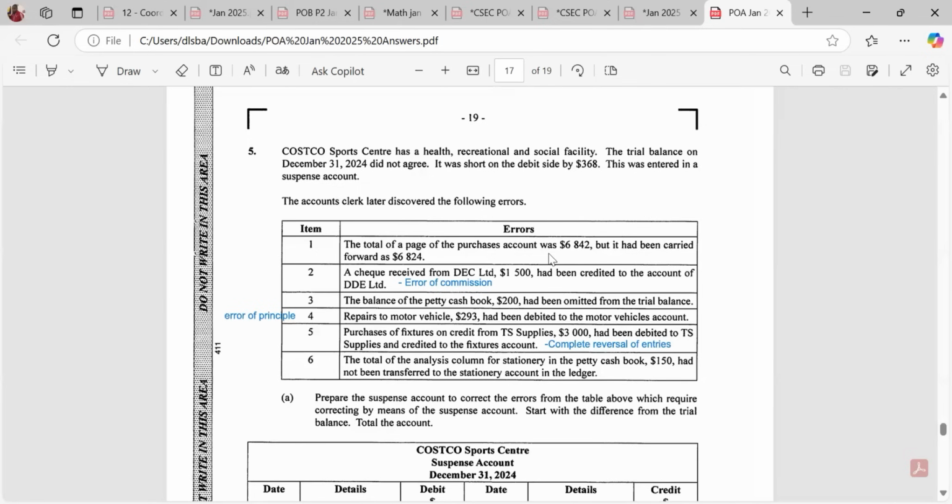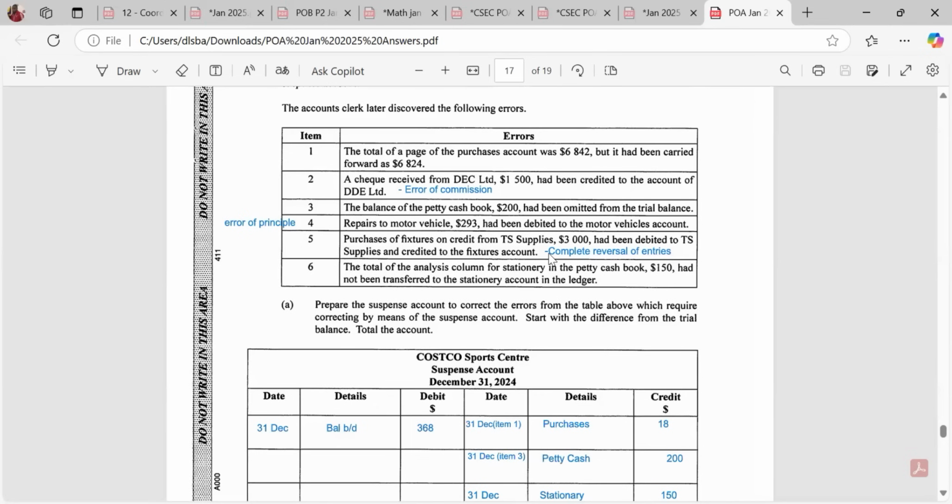The third one, the balance of the petty cash book, 200, had been omitted from the trial balance. So that would have caused the debit side of the trial balance to be less by 200, right? So now that we know that that is an error, that 200 is part of this balance brought down of 368.